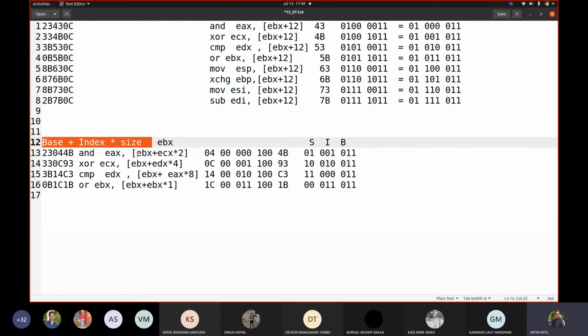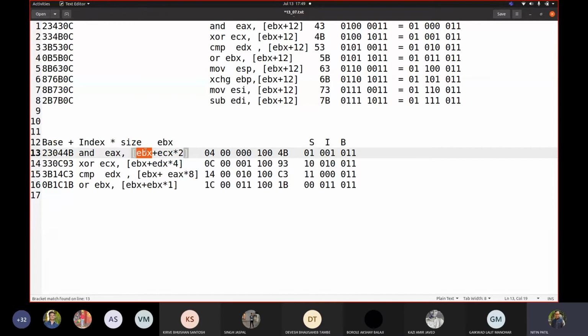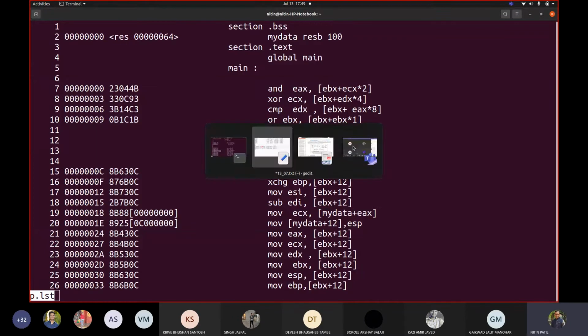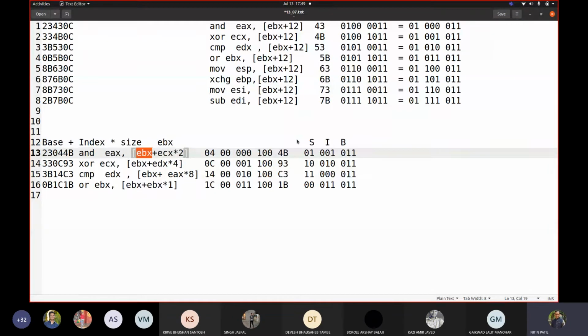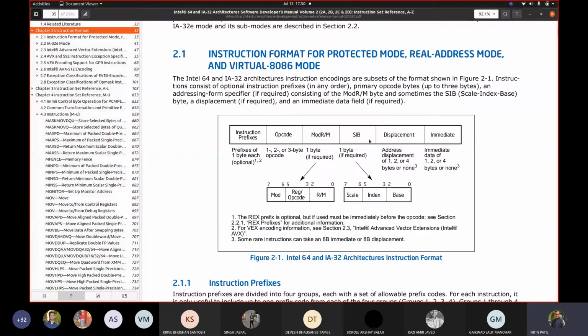Yes, sir. What is base for each of these 4 instructions? Base is EBX. Correct. That's why with this SIB, scale index base byte. Sorry, I wanted to show this PDF. SIB, 1 byte if required: scale, index, base.